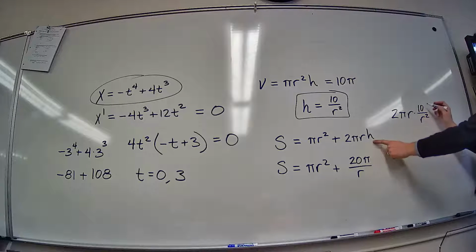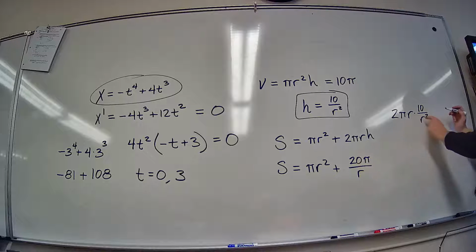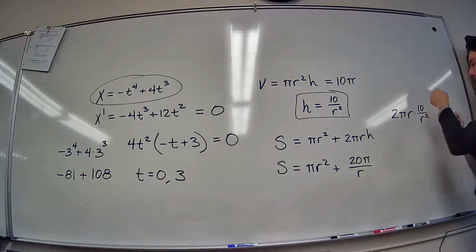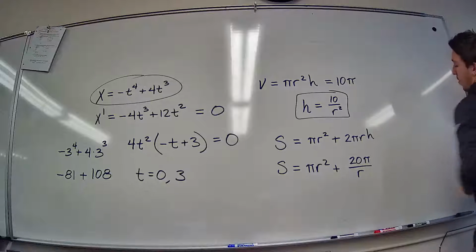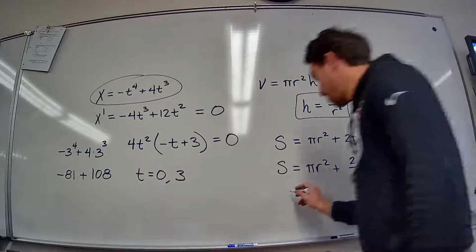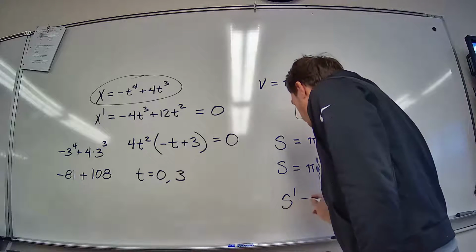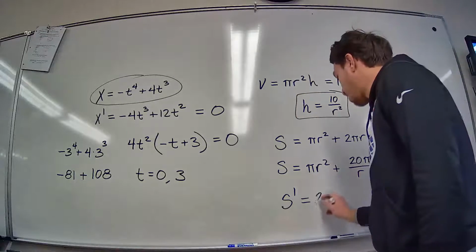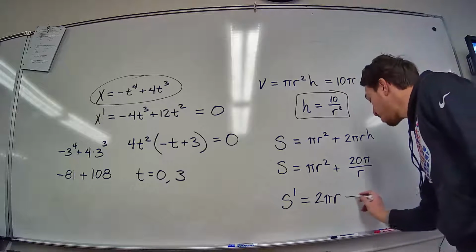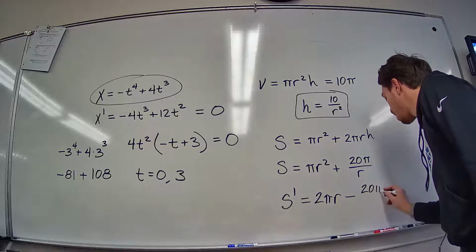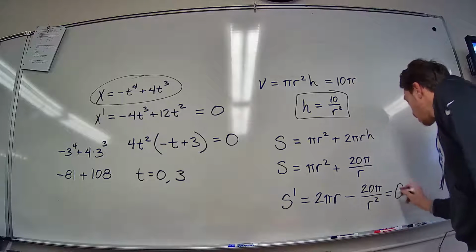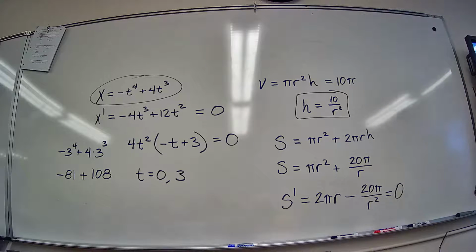And so 2 pi times 10 makes 20 pi. R divided by r squared leaves a single r on the bottom. That's what I didn't show there. Okay. Are we ready to take the derivative? So you get 2 pi r minus 20 pi over r squared. Set that equal to 0.